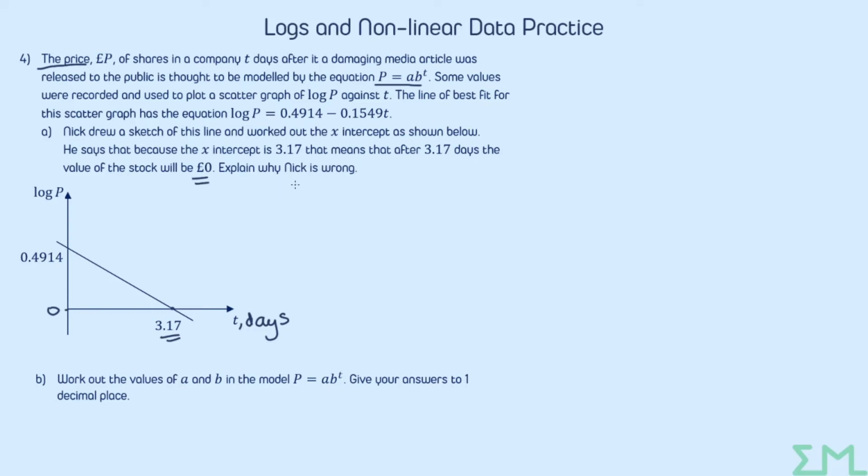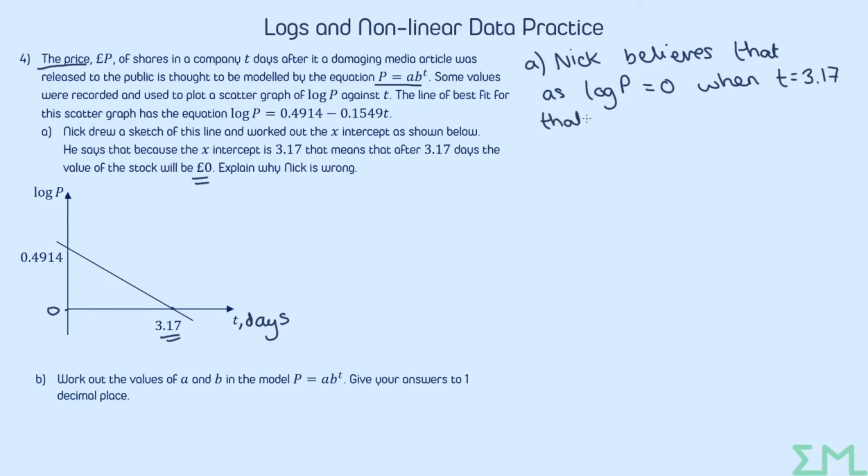So we need to state that, let's write it up here. Okay, Nick believes that as log p equals 0, when t equals 3.17, that means p equals 0.